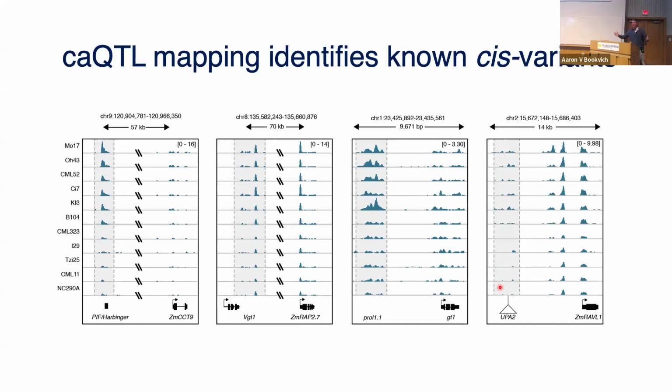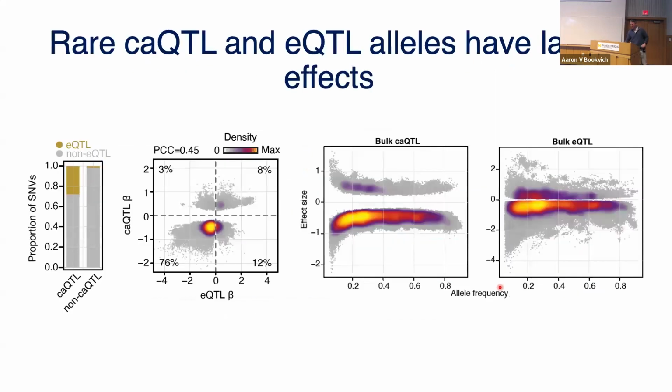So we were able to find some of these variants that have been previously characterized. One of the cooler things that I was pretty amazed to see was that when we take these chromatin accessibility QTL, we can compare them with known expression QTL, and about 25-ish% of accessibility QTL are also associated with expression variation.